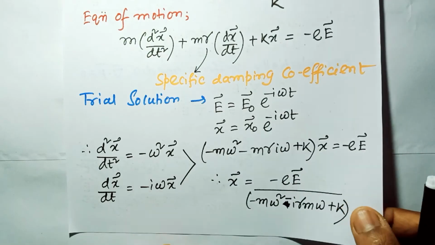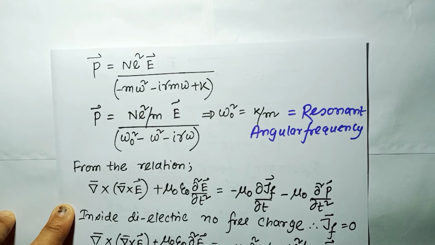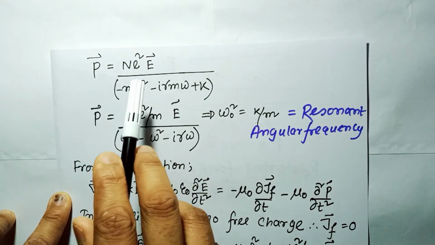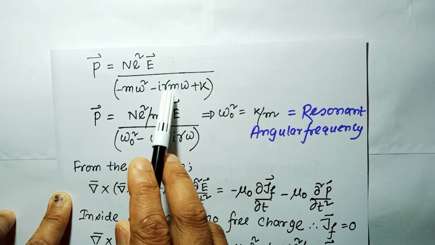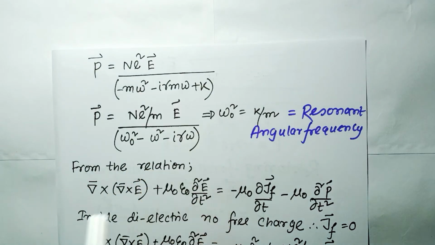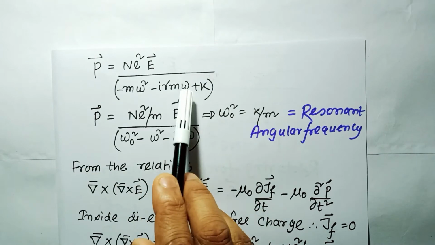Now if I replace this value of x in the polarization vector expression, the polarization vector becomes N squared E divided by minus m omega squared minus i gamma m omega plus k. So we can understand that the polarization has a significant frequency dependence. You can see the polarization vector depends on omega.